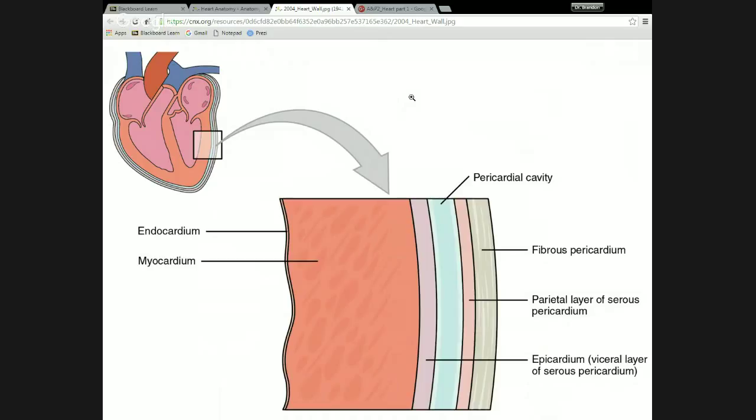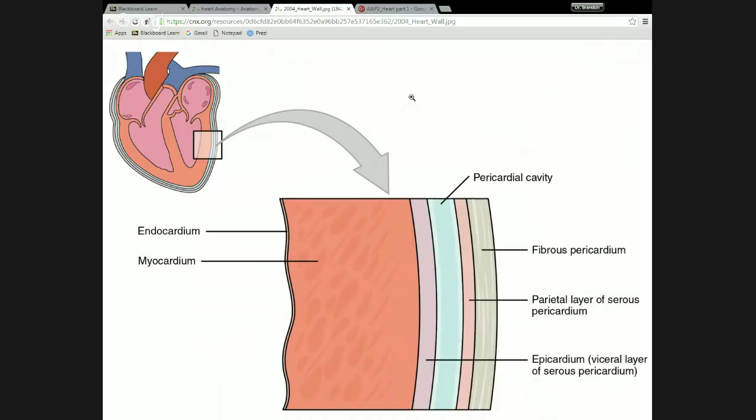Parietal, when we're talking about layers of tissue like this, is referring to what's lining the body wall, cavity wall. And then the portion that's covering the outside of the heart is the visceral layer of the pericardium. Visceral meaning organ, so it's the layer that's on the organ. And then the 2 layers, the visceral layer and the parietal layer, are separated by a cavity filled with fluid.